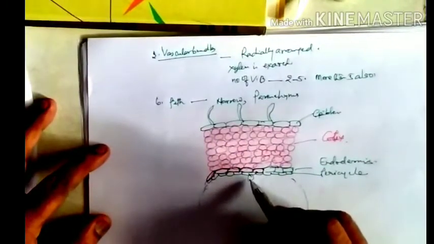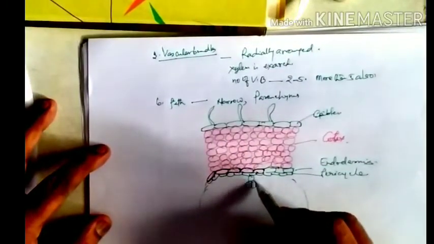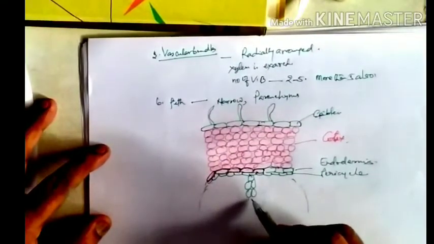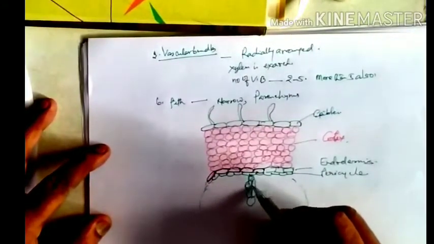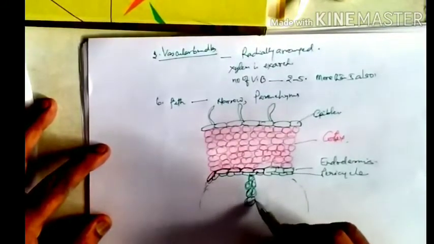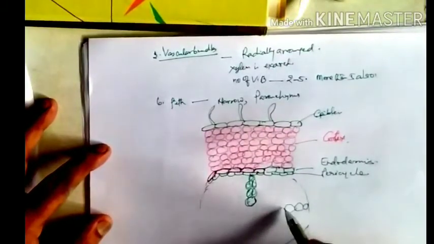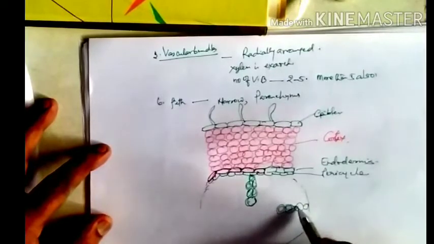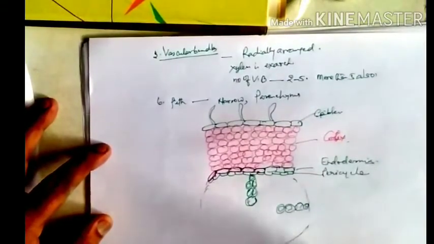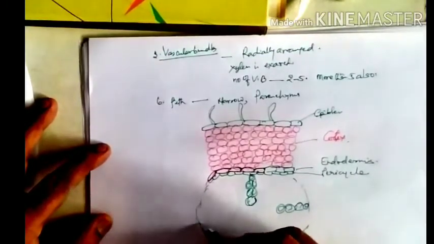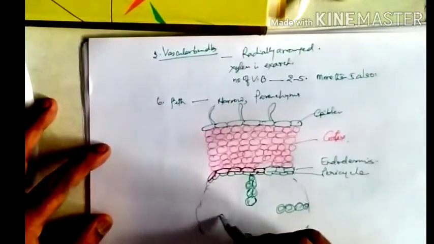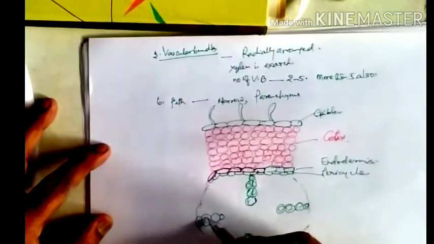And on different radii, vascular bundles are found. This is protoxylem, this is metaxylem, and likewise for the others.